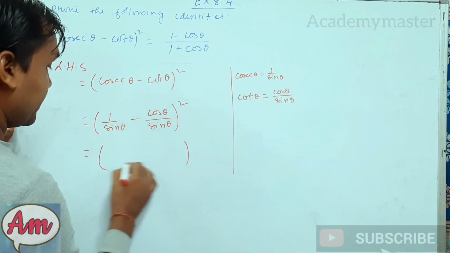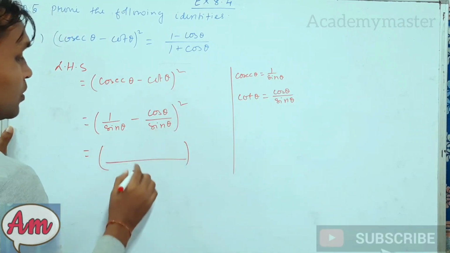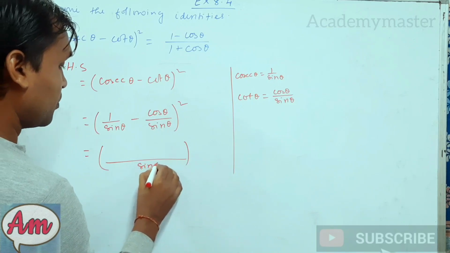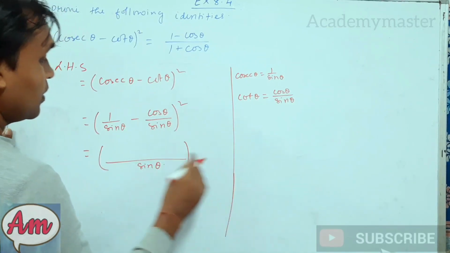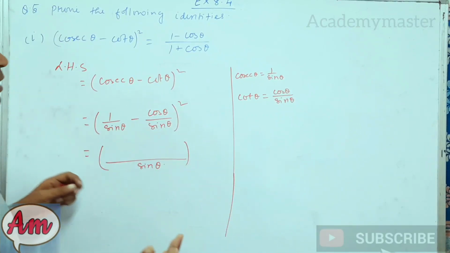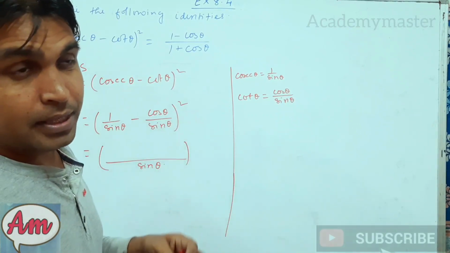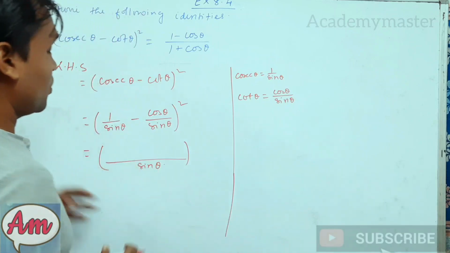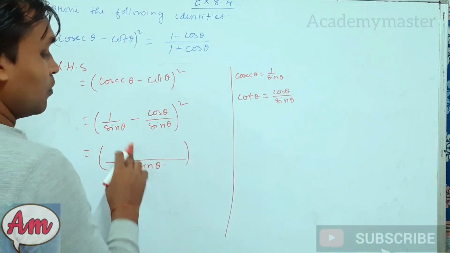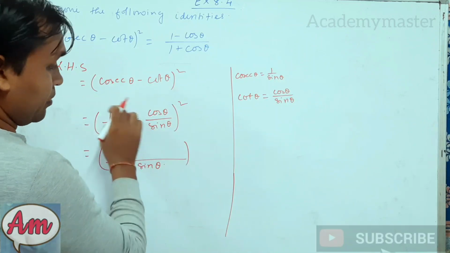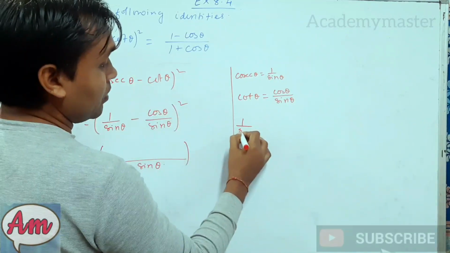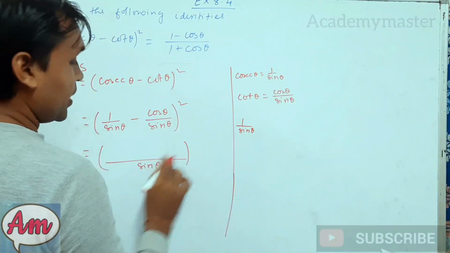Again bracket. Now here you see we will take an LCM. So here the LCM will be sin theta. As I have already told you earlier, some of you have problems in subtracting fractions, so please watch carefully. Whatever LCM you have, you multiply it with the given fractions. What is the fraction here? 1 by sin theta. What is our LCM?